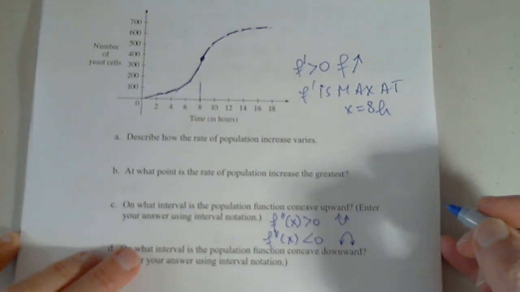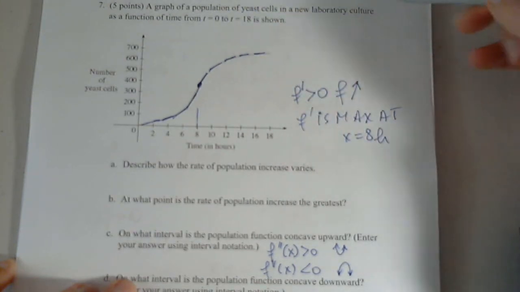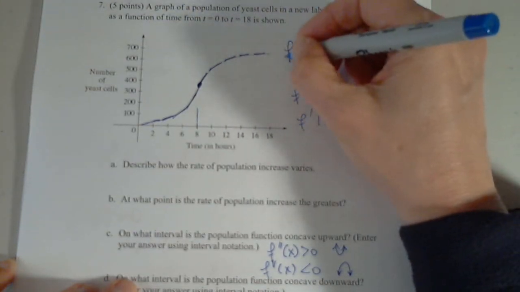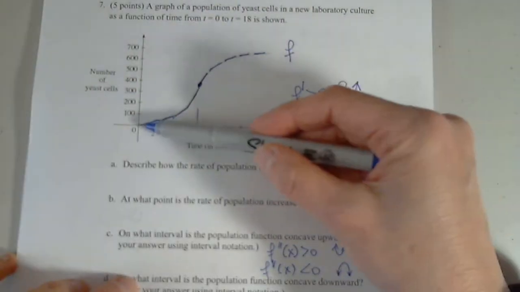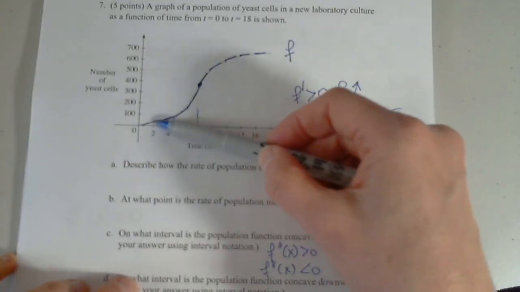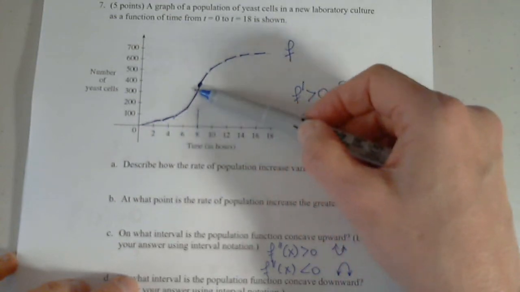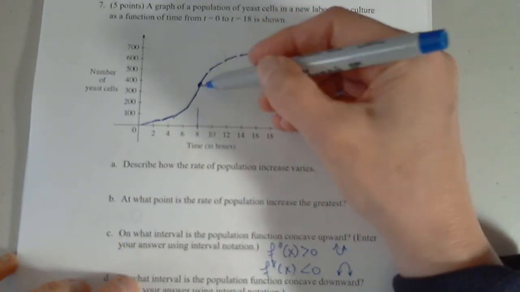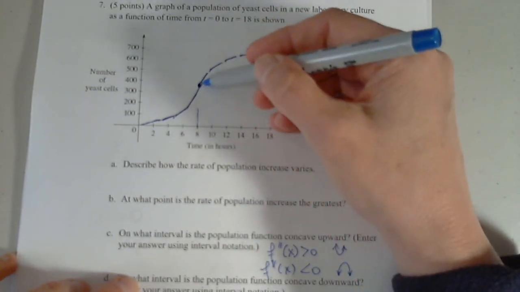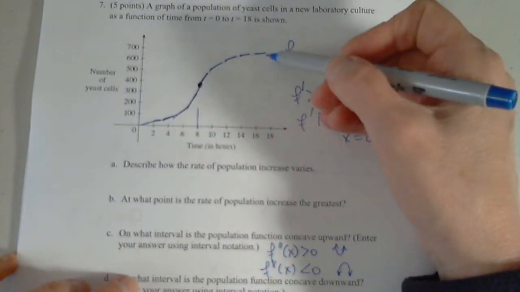So this is the graph of function f. This is given. Once I'm given the graph, I see that obviously this is opening upward and this is opening downward. So this appears to be the inflection point. So opening upward, opening downward.